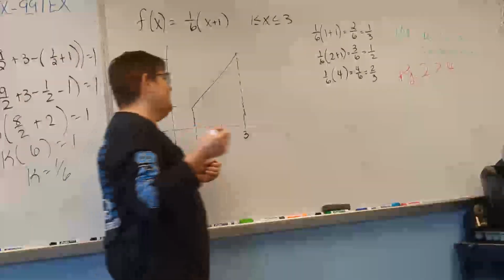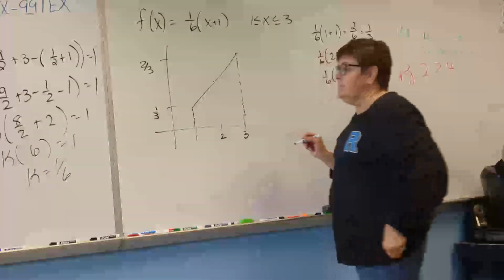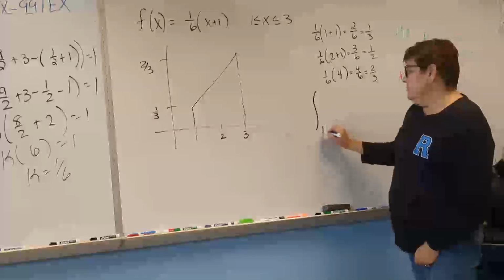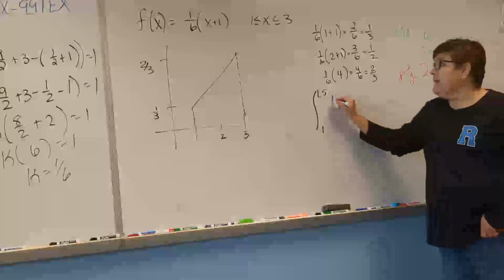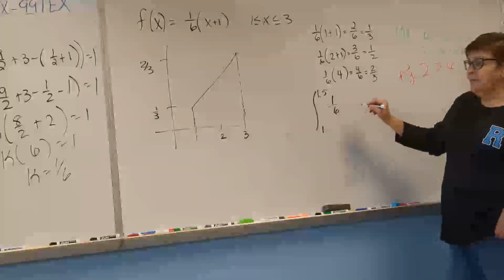So go ahead and find the probability when x is less than 1.5, and use the k you found, because that k is definitely the k now.